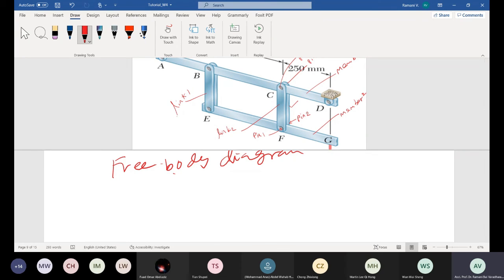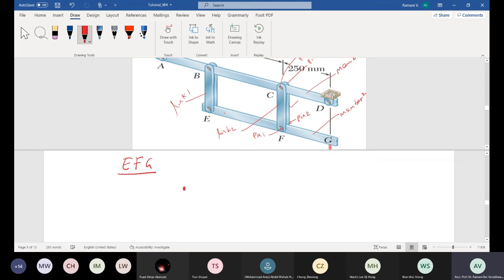So I just take this member, which is loaded upon this one. Let's take the EFG member first, at the bottom, because you are asked to find the stress at the pin joining the two members AD and EG, connected by C and F.